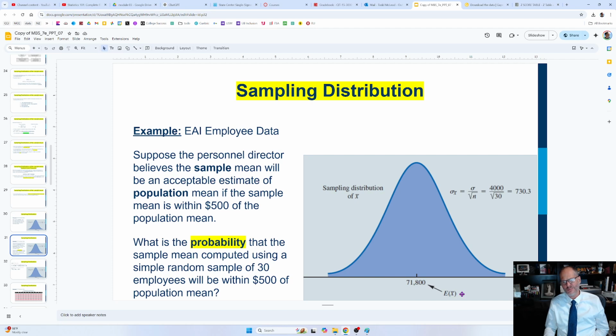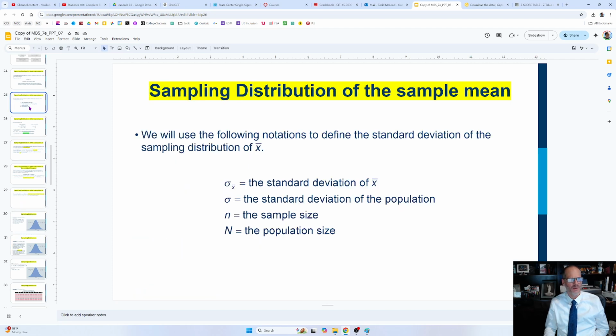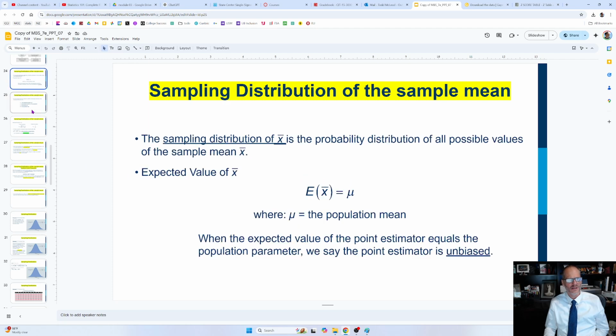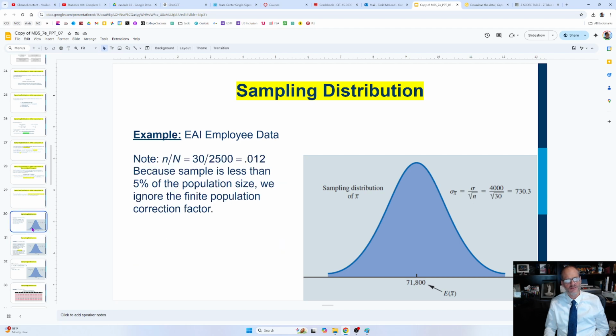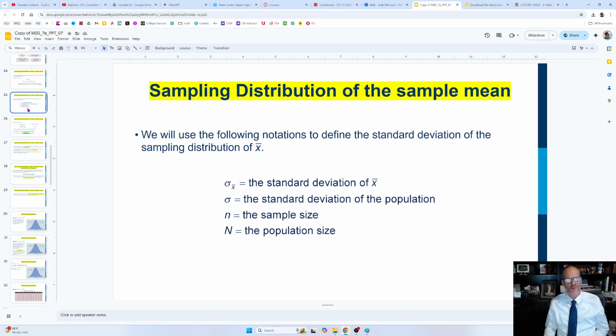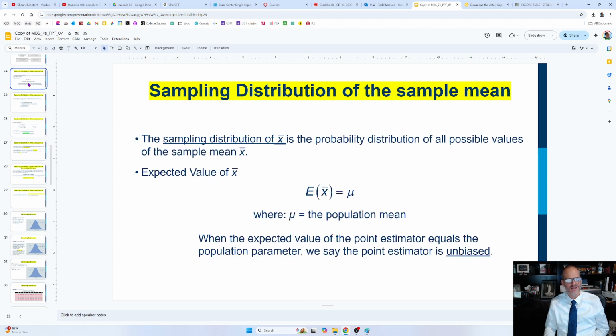And that is our expected value. The expected value of x-bar should be the population mean. That's what we're shooting for. This is a little bit weird to me, the way they say this. The sampling distribution of the sample mean is the probability distribution of all possible values of the sample mean.